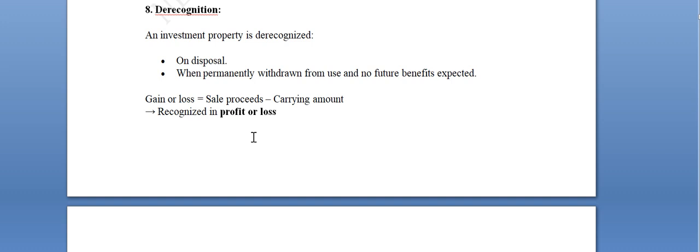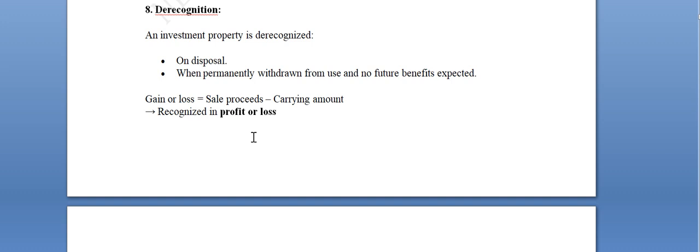You must derecognize that investment property and now recognize it under property, plant, and equipment in IAS 16. So what I'm saying is, once the criteria is no longer met, you derecognize it. You are no longer going to recognize it on the financial statement as investment property.